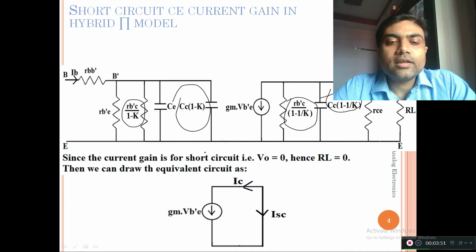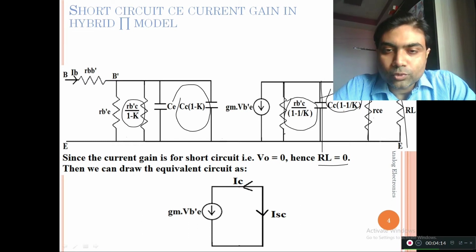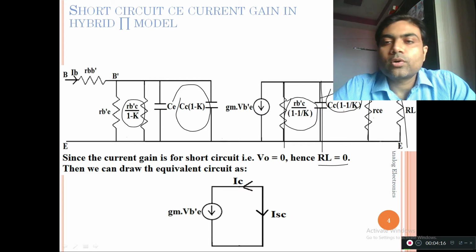Now since the current gain is for short circuit, we are making VO equal to 0, and since VO is 0, RL is also equal to 0, so this load resistance will be short circuited. And since the load resistance is short circuited, in parallel RCE will also be short circuited, the capacitance will also be short circuited, and this resistance will also be short circuited, because there is no potential difference between the terminals.